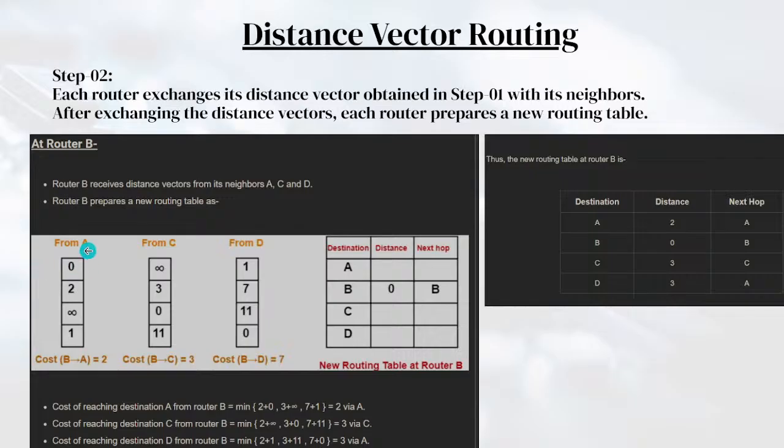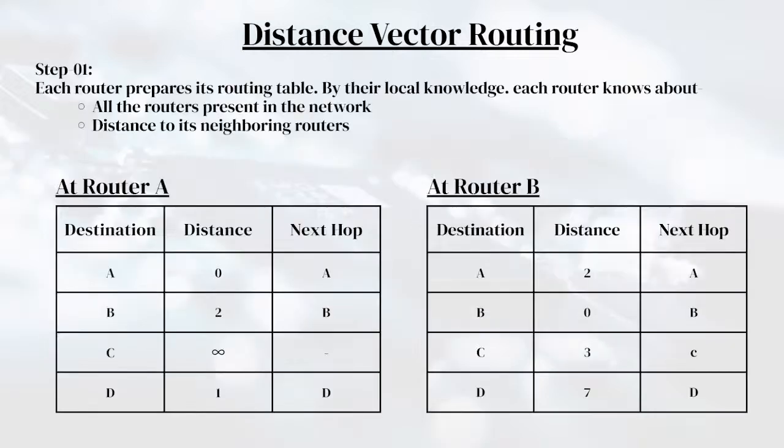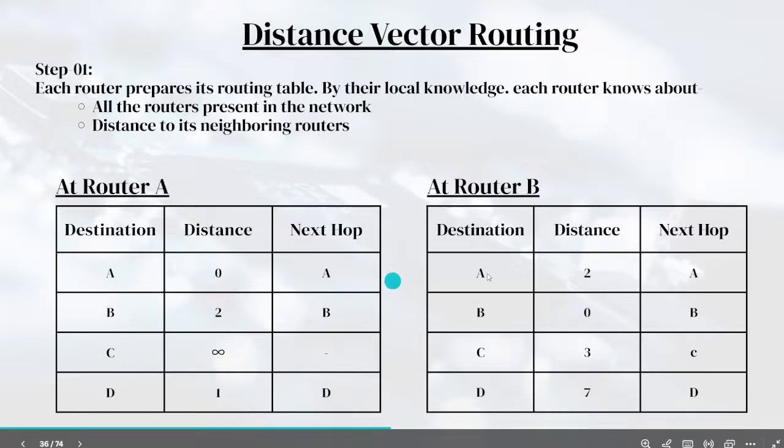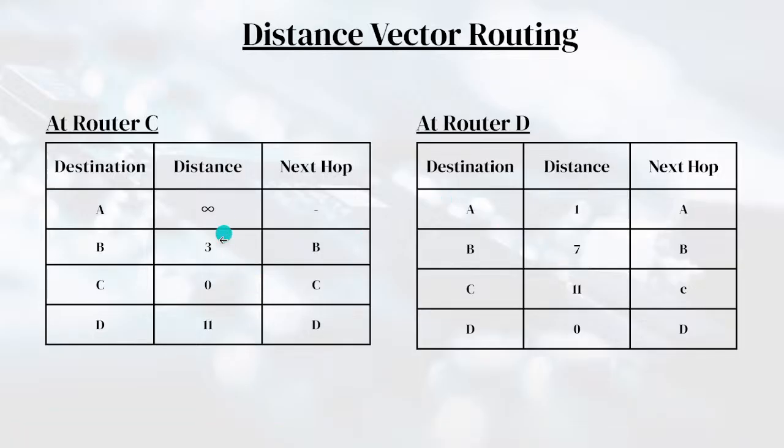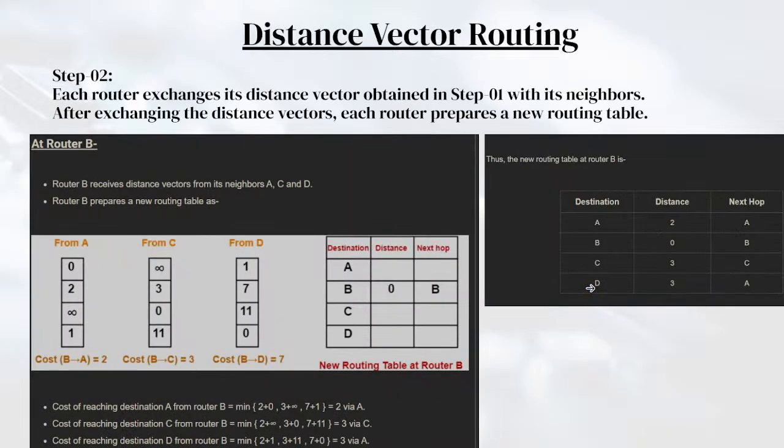The values of A are 0, 2, infinity, 1. Then C is infinity, 3, 0, 11. D is 1, 7, 11, 0. So we are updating the same information over here also.